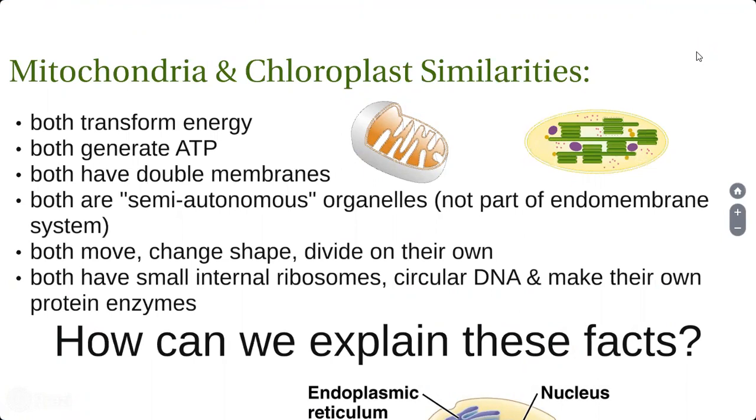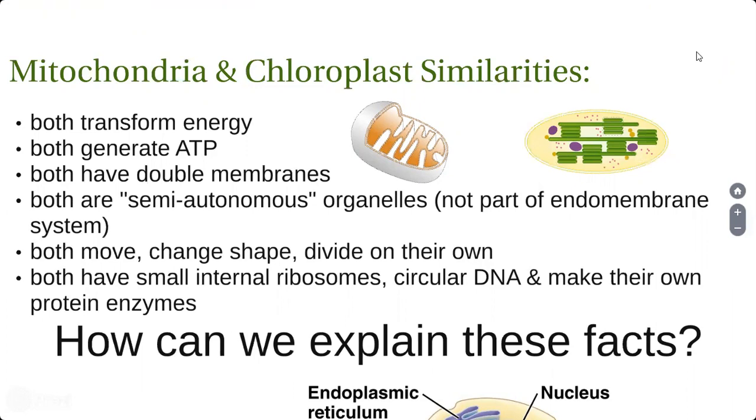They simply transform from one version to the other. So the mitochondria is transforming the wavelength energy of light into chemical energy, or excuse me, the chloroplast is doing that. And then the mitochondria is converting chemical energy into other forms of chemical energy.